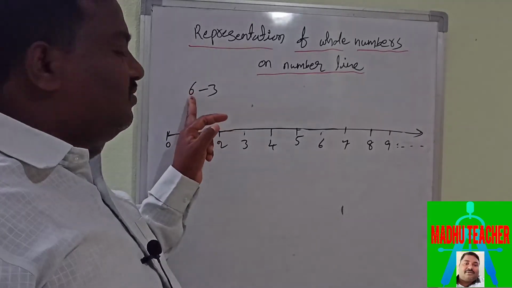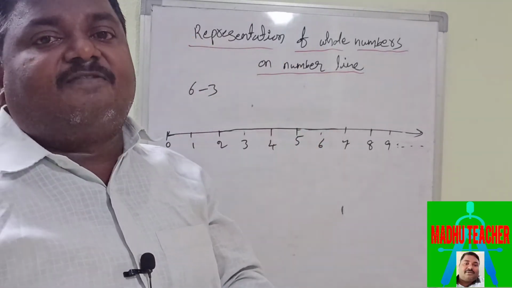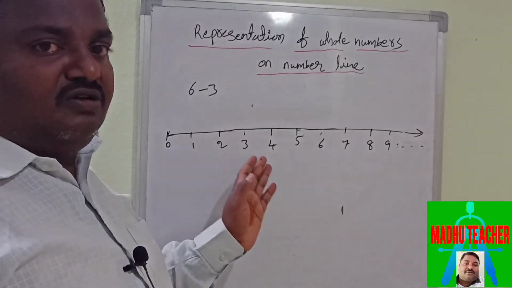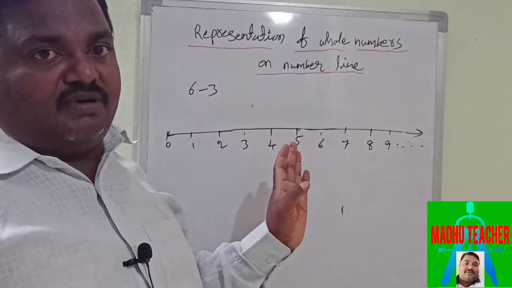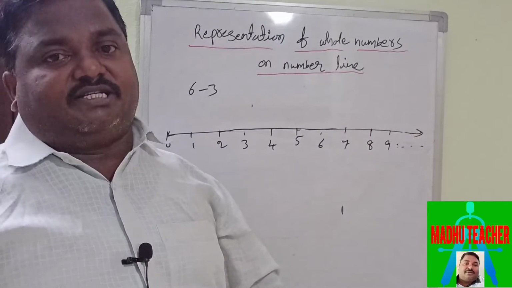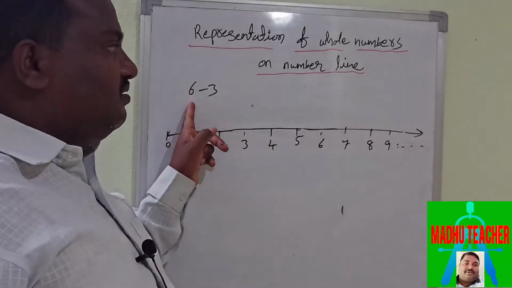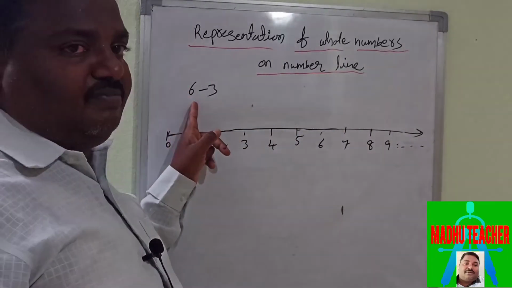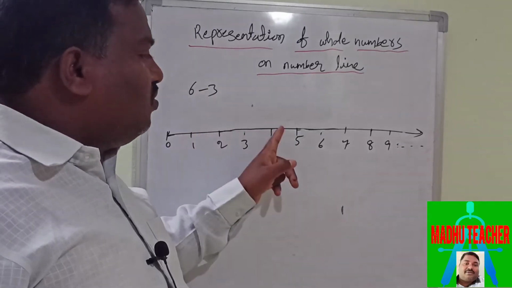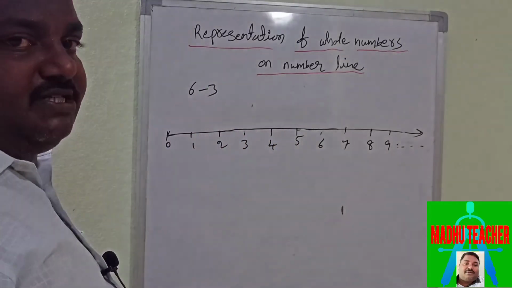In addition, we can start from any one of the numbers and move right. But in subtraction, we start from the first number and move on the number line towards the left.